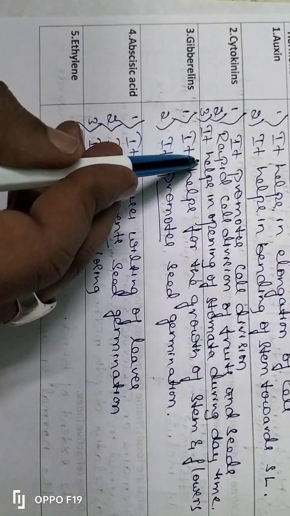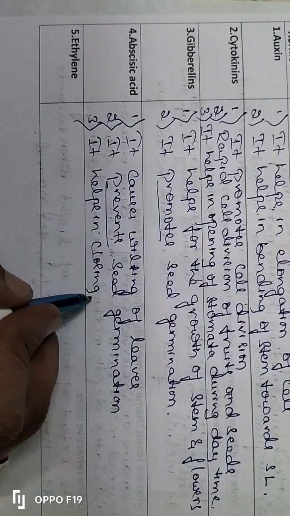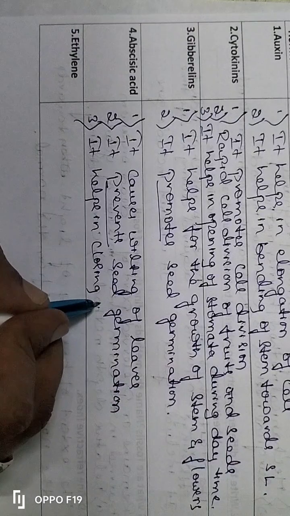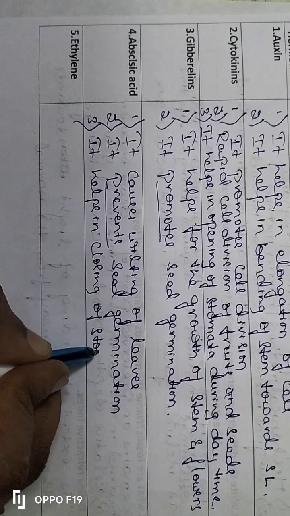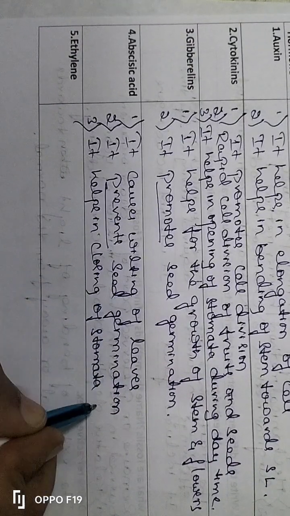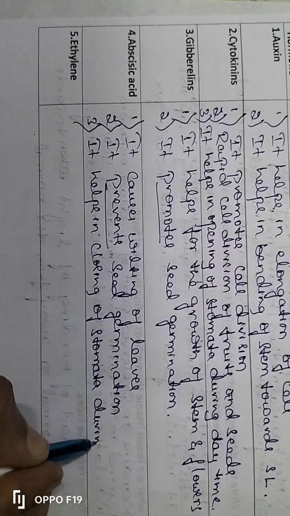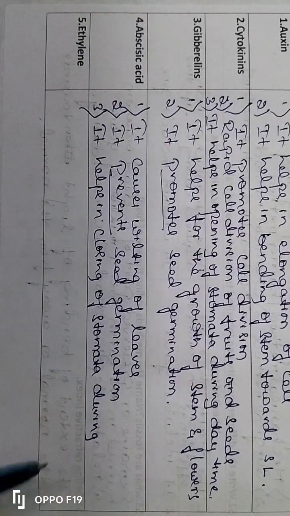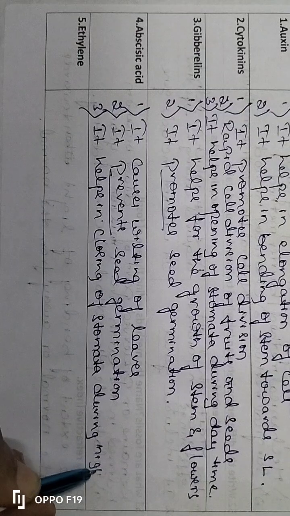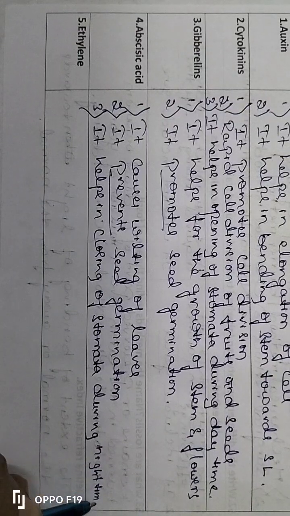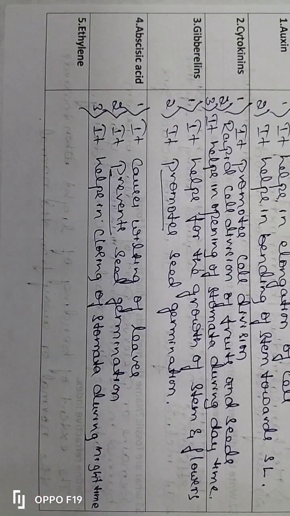See here, cytokinins help in opening of stomata, but abscisic acid helps in closing of stomata during night time. So these are the three functions of abscisic acid.